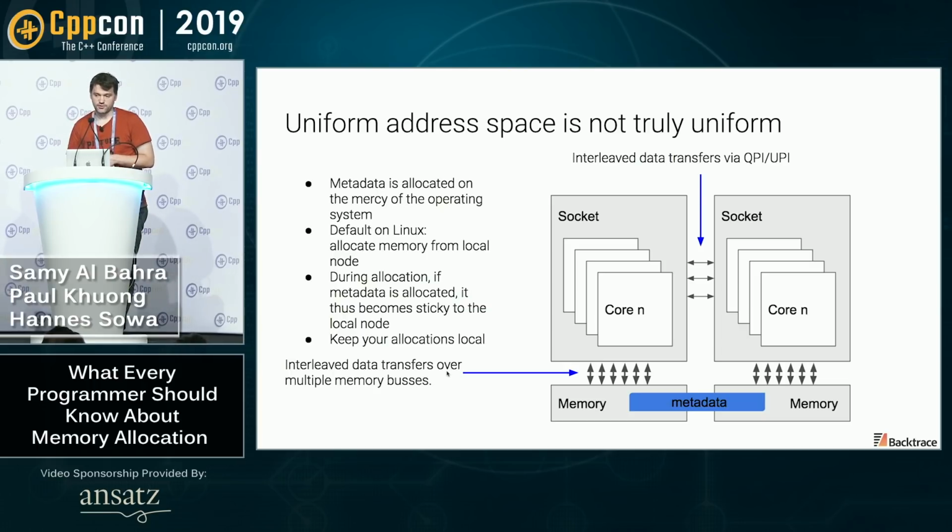On Linux, the default is that if you just do a memory allocation with mmap, which is being used by malloc, you bind your memory to, or it tries to allocate from, the local node and doesn't try to reach out to other nodes. And you can't really overwrite this very easily.